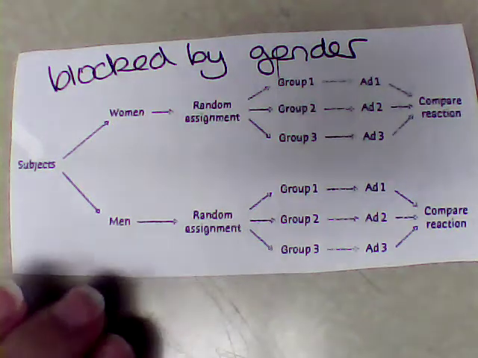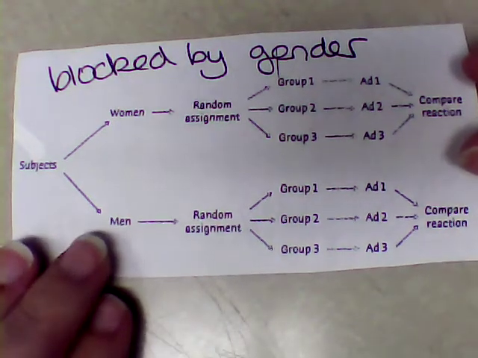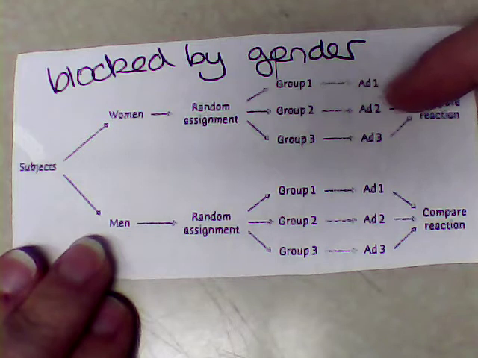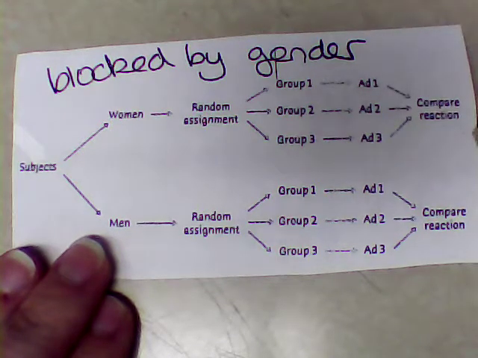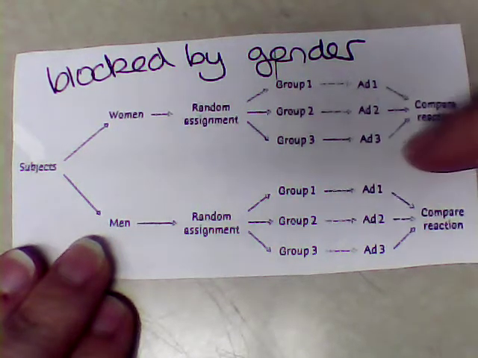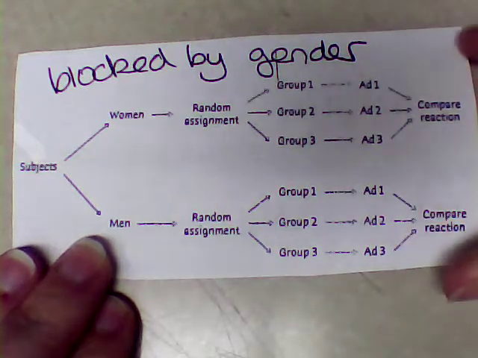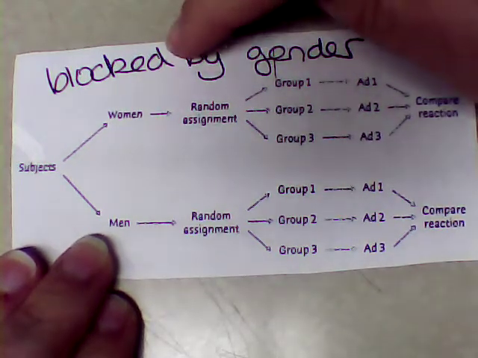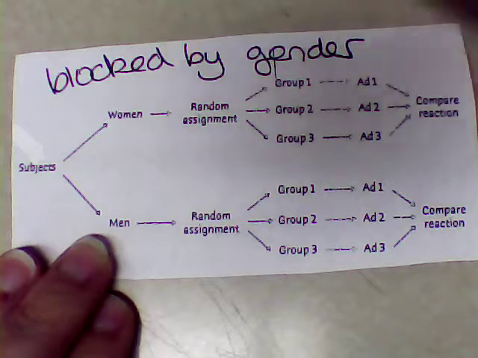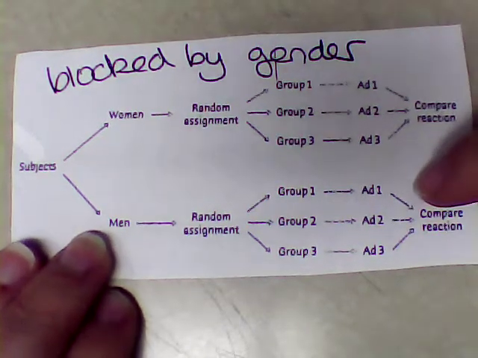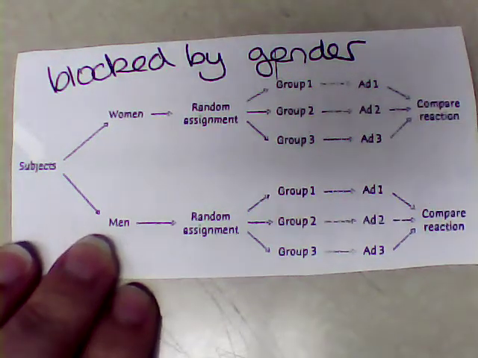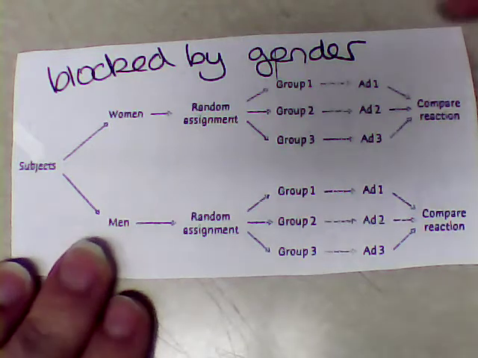Then we basically run side-by-side experiments. This looks like we're watching 3 different advertisements and seeing how people respond to those ads. So whoever made up this experiment thinks that a person's gender will influence how they respond to these ads. Maybe they're testing a Super Bowl ad, something like that.